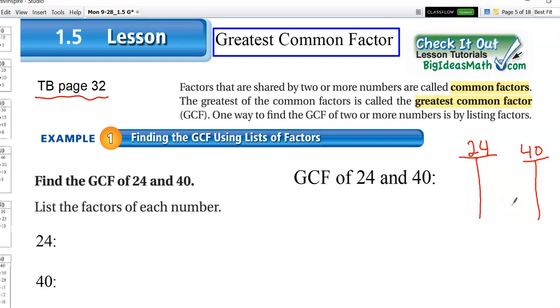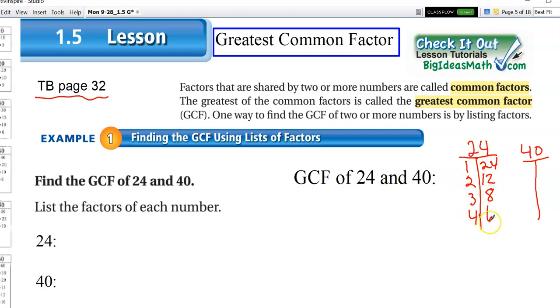I'm going to go ahead and just list the factors. Well, let me just do this in a T-chart just to make sure that you remember how to find factors in factor pairs in a T-chart. So the idea is I was trying to figure out what two numbers multiply to get 24, or I'm taking 24 and dividing by 1 to get 24. 24 divided by 2 is 12, 24 divided by 3 is 8, and 24 divided by 4 is 6.